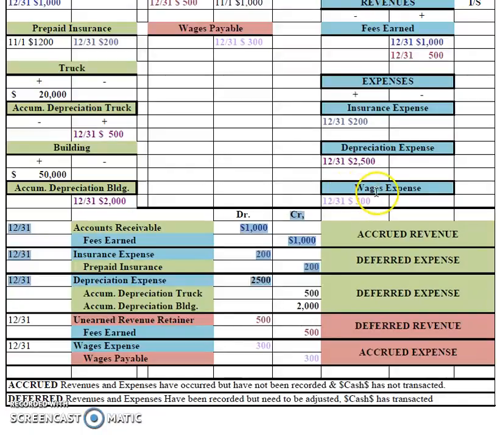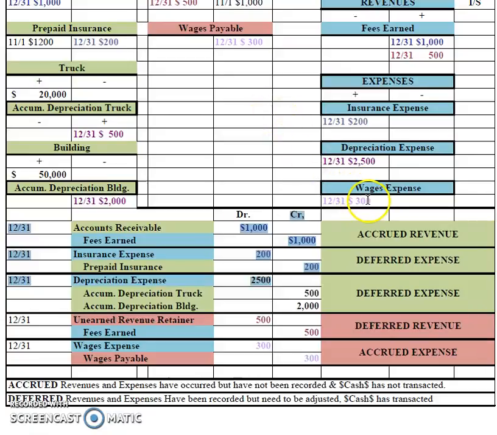For example, let's say that the 12/31 falls on a Wednesday, and we have $500 in wages every week. So it would be $100 per day. So if it falls on a Wednesday, we'll have a wage expense for that week of $300. It falls on a Wednesday, so Monday, Tuesday, Wednesday wages have to be expensed to keep it within the accounting period. The Thursday, Friday expenses will be in the next accounting period or the next year.